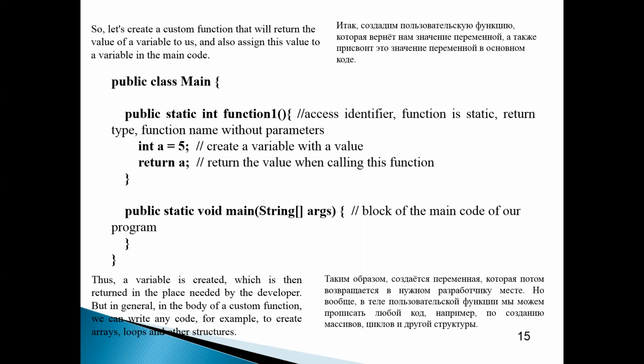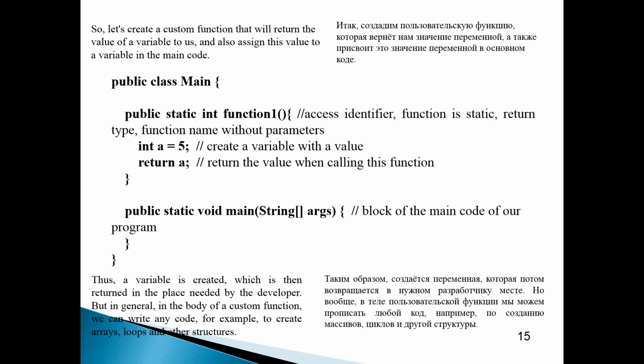Next line, int a equals 5, comment: create a variable with a value. Next line, return a, comment: return the value when calling this function.